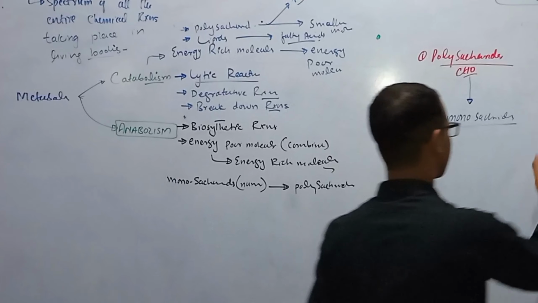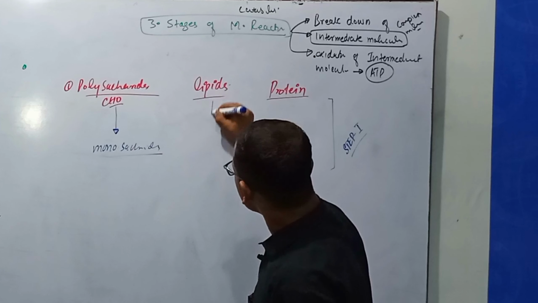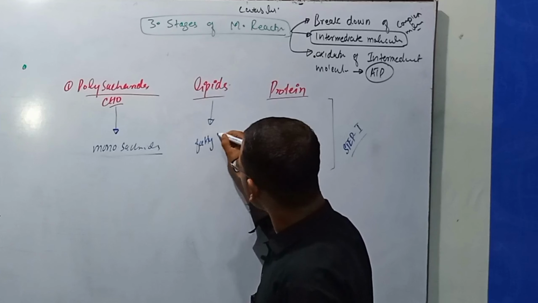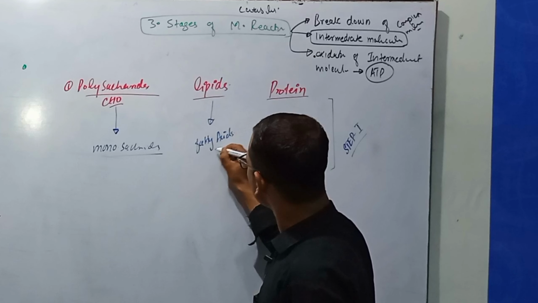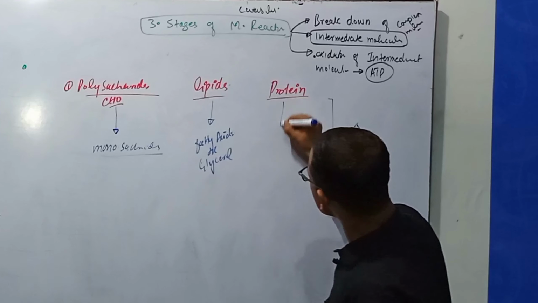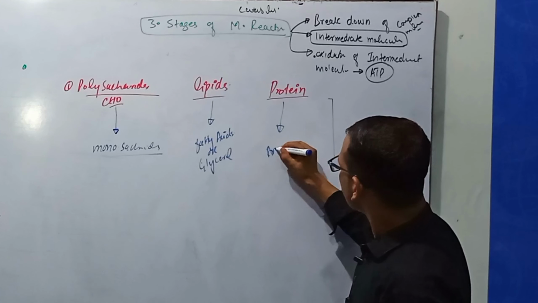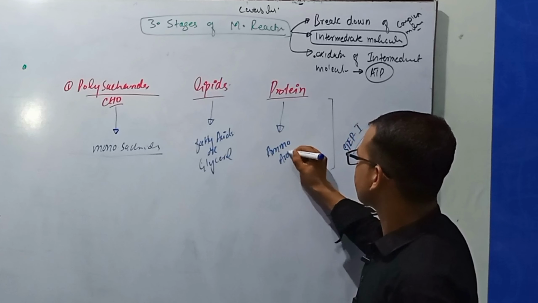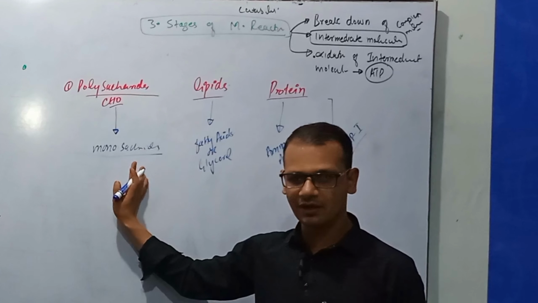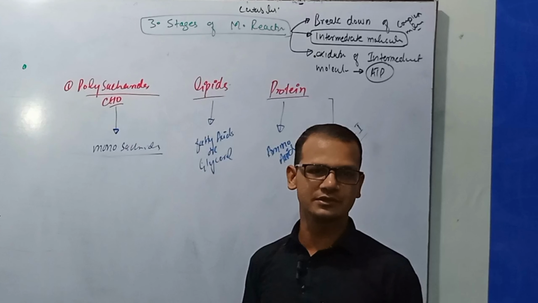So here monosaccharides, and lipids will be converted into fatty acids or glycerols, and proteins will be converted into amino acids. These are the building blocks of complex molecules, right?